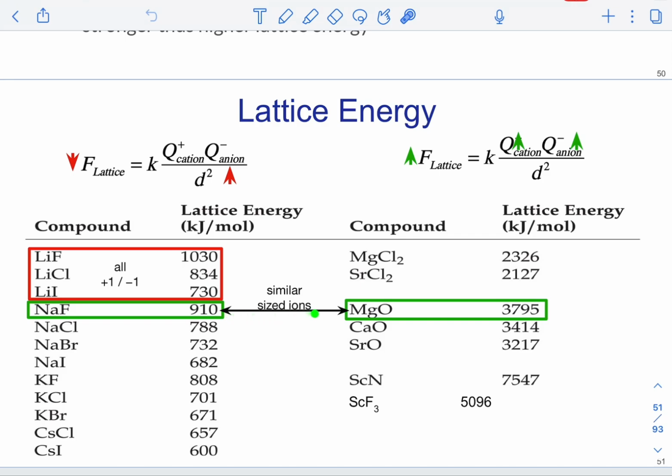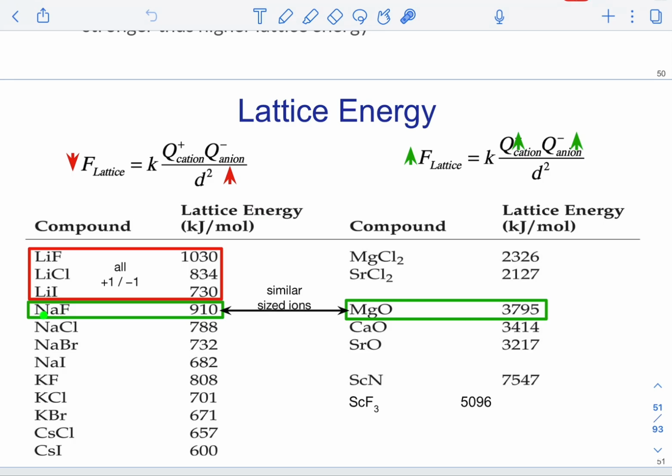The green boxes are showing the opposite. They are similarly sized ions. There's not that much difference between sodium and magnesium. They're right next to each other. And there's not that much difference between fluoride and oxide. They're right next to each other. So we can say D is essentially constant, not perfectly constant, but close enough for us to compare what happens with just the charges.